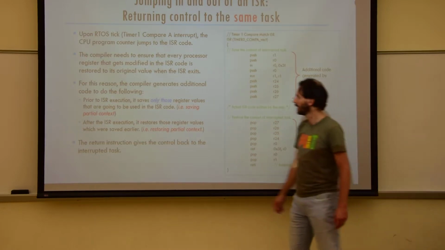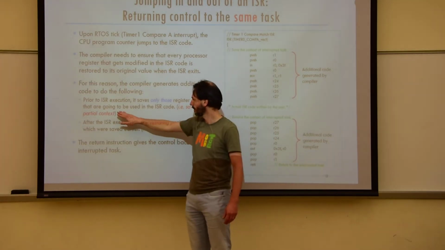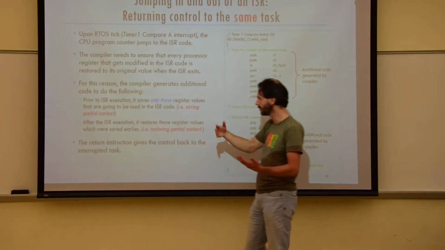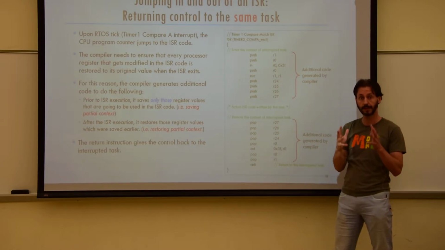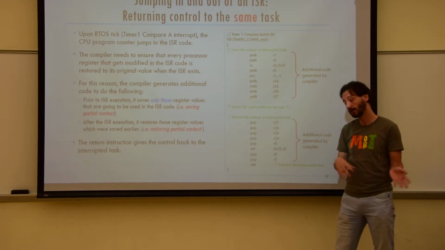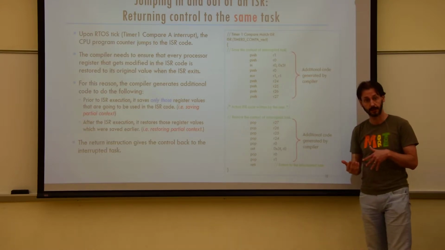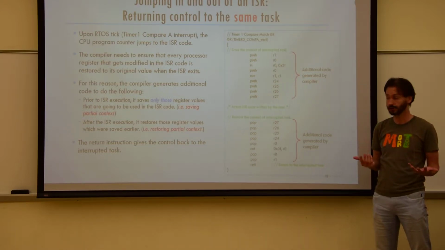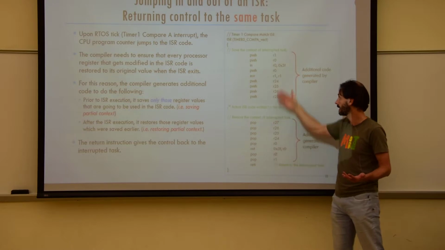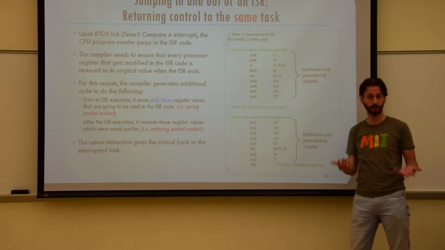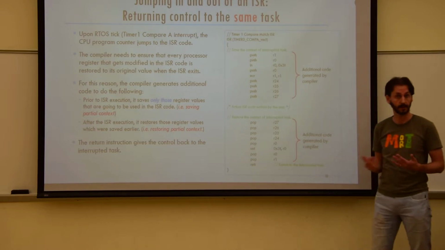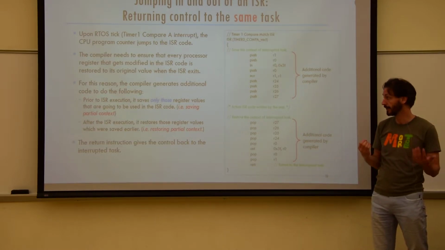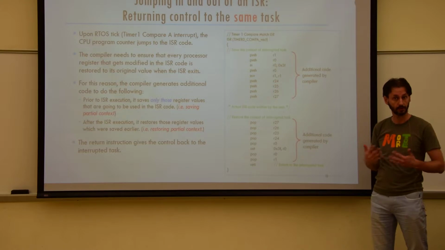So what is it doing? Prior to the ISR execution, it saves only those register values that are going to be used in the ISR code, because all the other register values will be left untouched. That means that at the beginning and at the end they have not changed, so you do not need to additionally save and restore those because they didn't change.